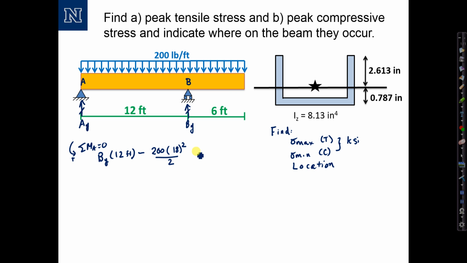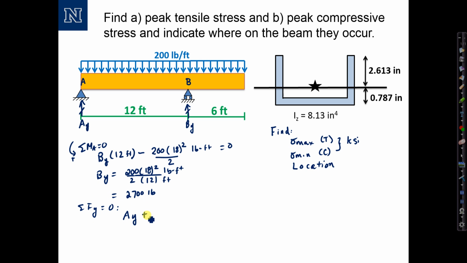Square that, divide by 2. This total term is in units of pound-feet. Set it equal to 0. Therefore, B sub y is equal to 200 over 2 times 18 squared pound-feet divided by 12 feet, and this computes to 2,700 pounds.